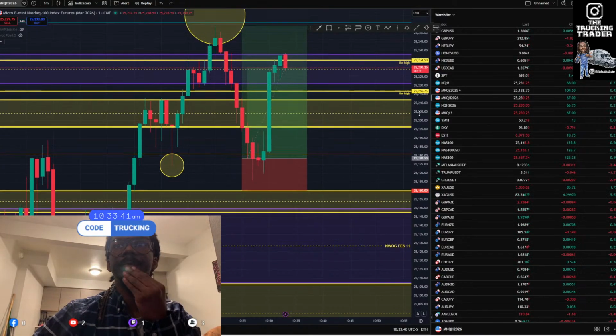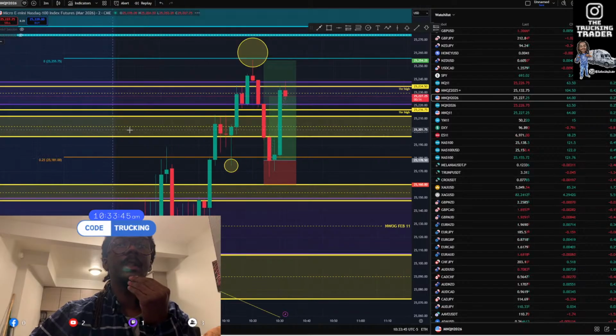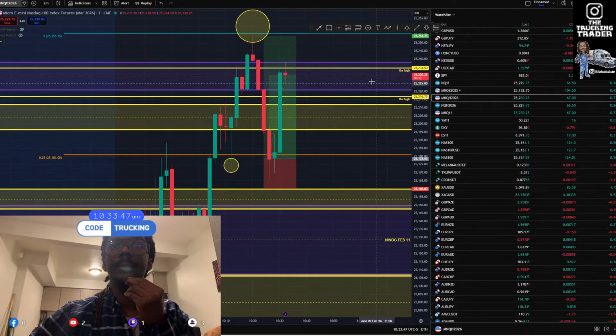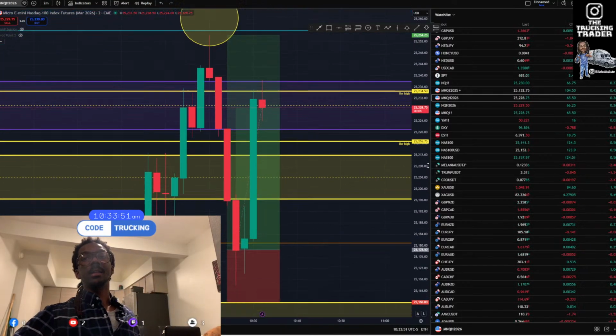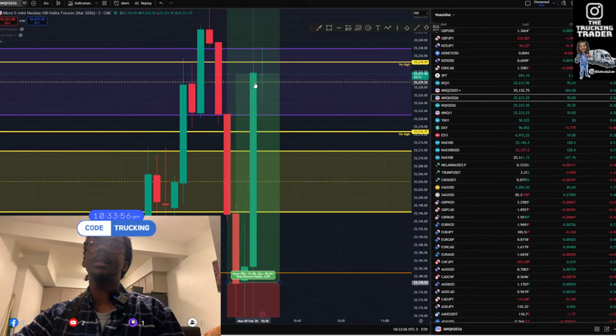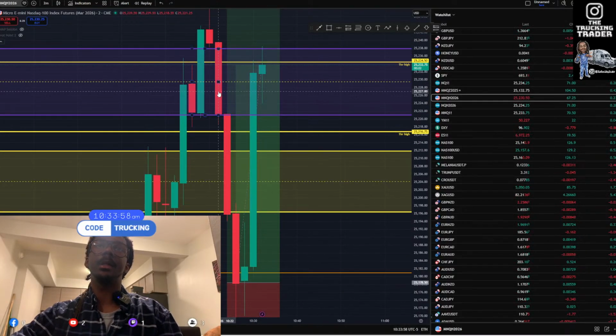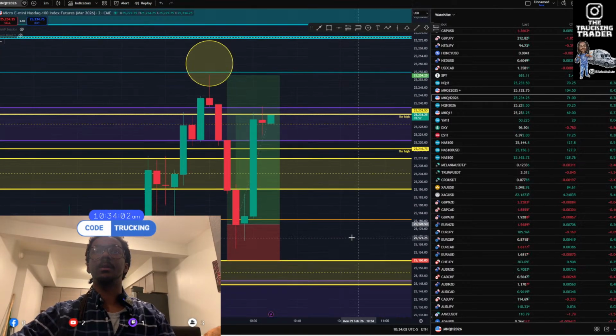But let's see what's going to happen on the 2 minute time frame. You're still respecting this gap. For me, the way I use ICT concepts, if I'm looking for the market to go down, I don't want to see a body close above the midpoint of this gap right here. I honestly don't even want to see price touch this gap right here at all.